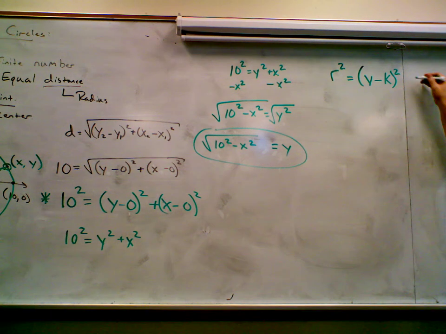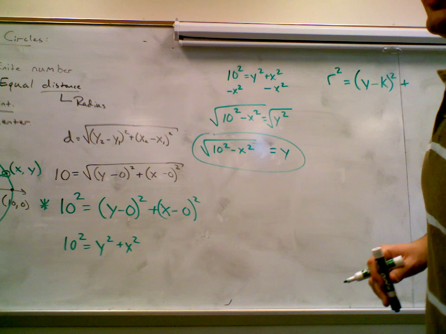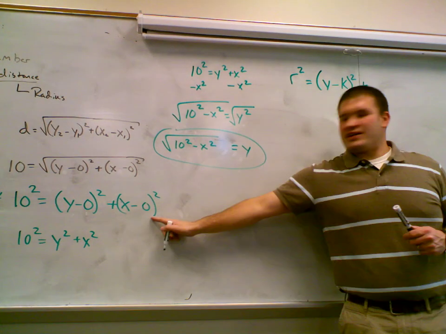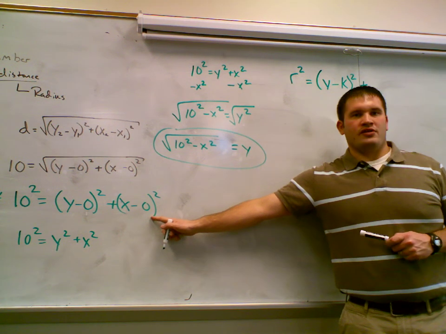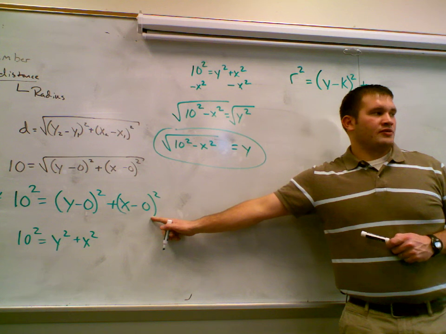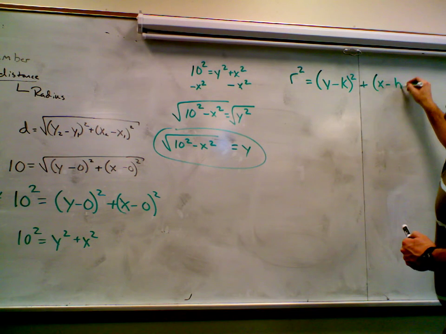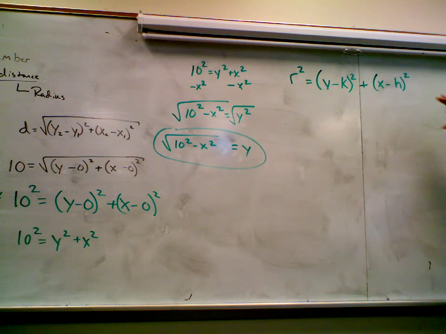Plus, what came next? After y came the x. And this 0 right here is the x coordinate of what? The center. And that's called h. So r squared equals y minus k squared plus x minus h squared.